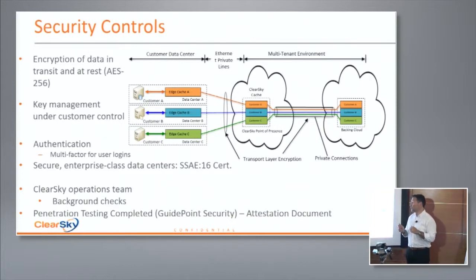We also do a number of other, some might say paranoid or annoying things for security, but we need to do them. So multi-factor authentication for user logins, even in the management console, is required. You log in, we email you, then you log in again. This is the standard operating procedure for us.